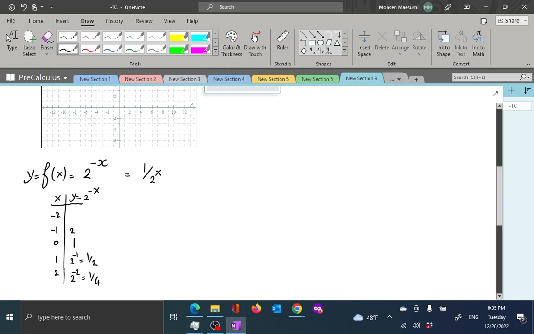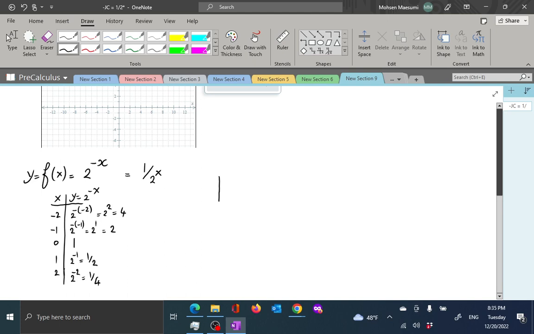With x equal to minus 1, the exponent is minus minus 1, that's just 2 to the power of 1, which is just 2. With x equal to minus 2, that's 2 squared, which is of course 4.